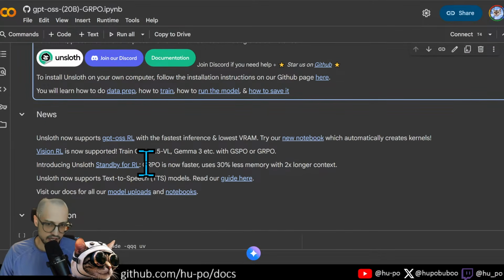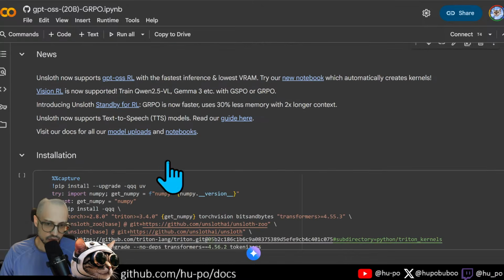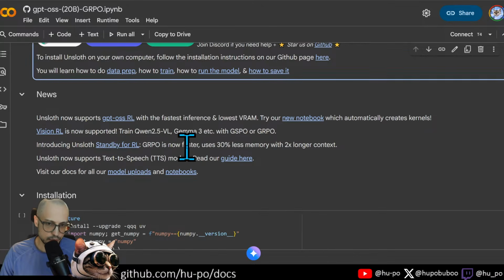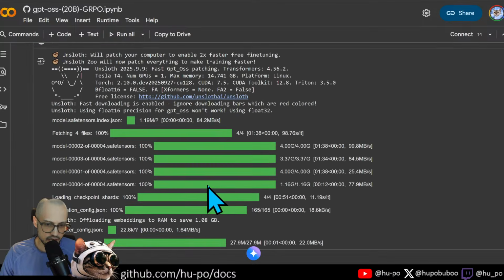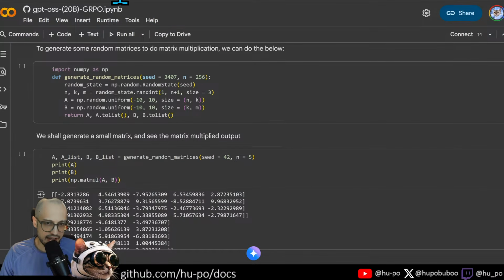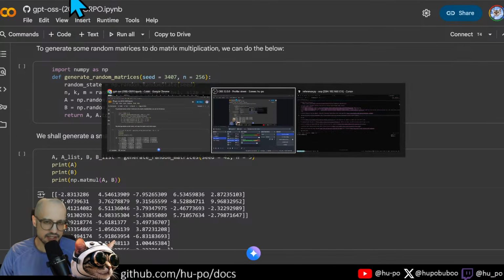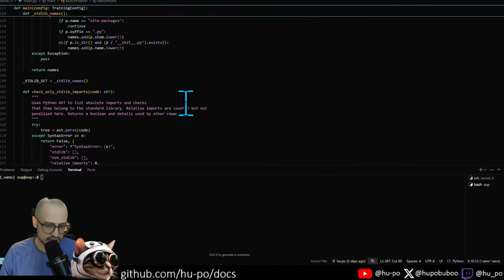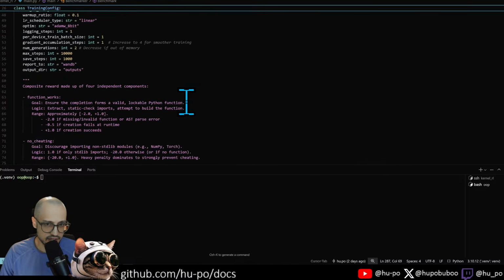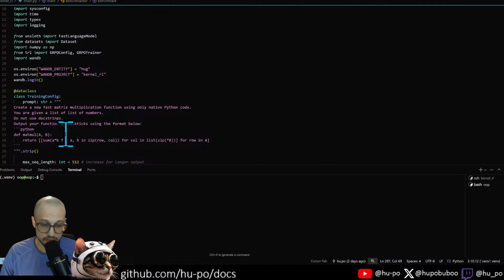But in this notebook, they try to use reinforcement learning to push gradients into a low rank adapter that makes it better at creating matrix multiplies. It's not really matrix multiplies, because the way it's being done is entirely in Python like this. So this is the actual prompt that we're trying to improve. For example, create a new fast matrix multiplication using only native Python.